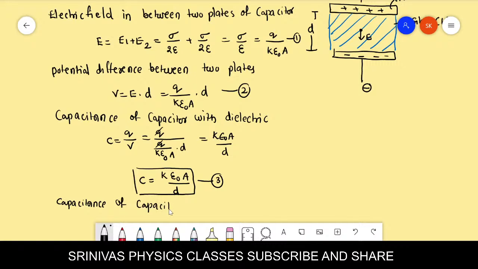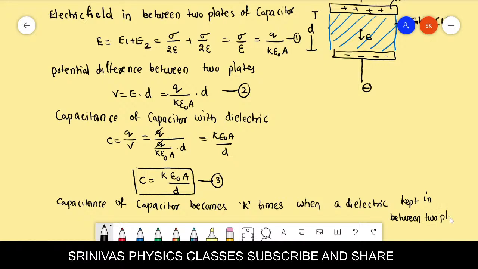Capacitance of a capacitor becomes K times when a dielectric is kept in between two plates of the capacitor.